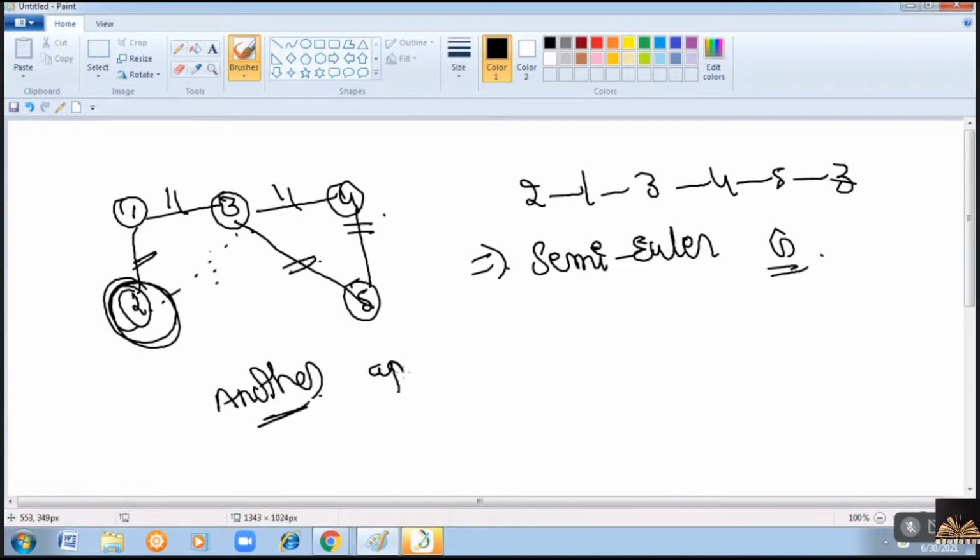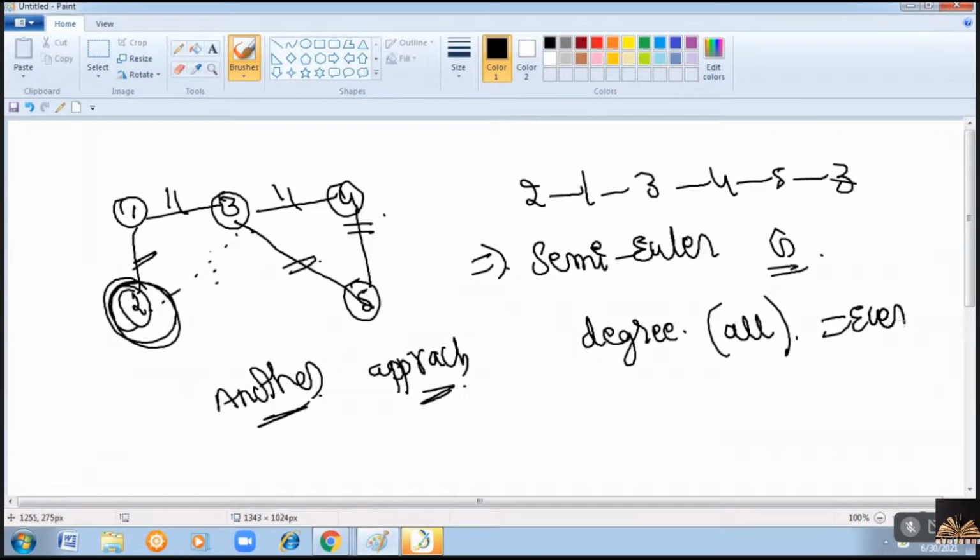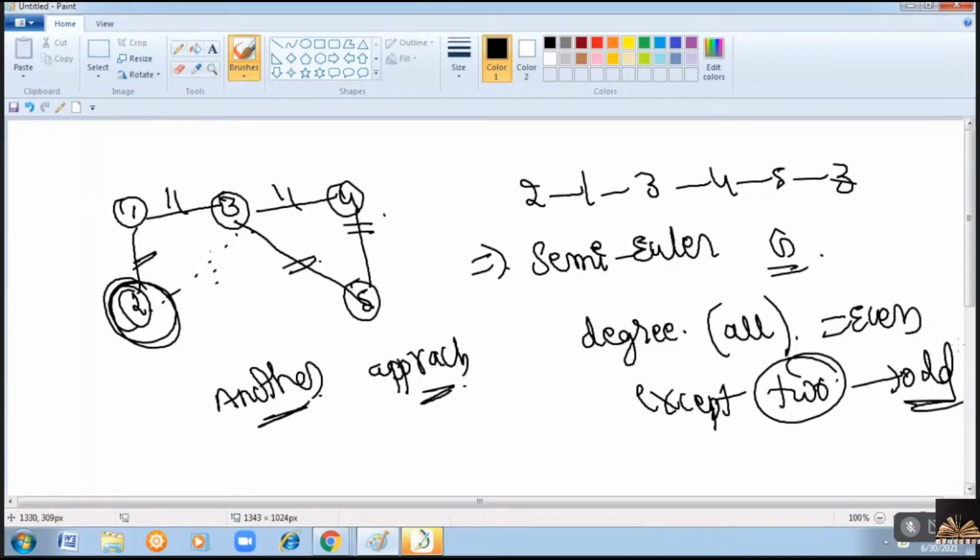Another approach to check whether it is a semi-Euler graph is to find the degrees of all the vertices. The degree of all the vertices should be even except two vertices. That means these two vertices will have odd degree. Except these two vertices, every other vertex in the graph should have even degree. These two vertices are generally the starting vertex and the ending vertex.